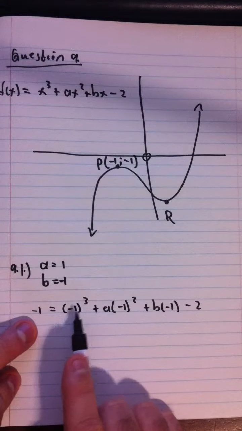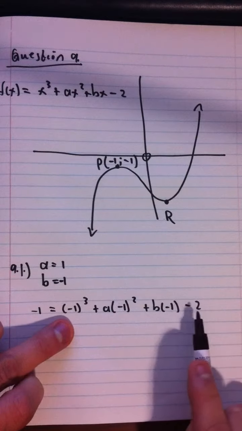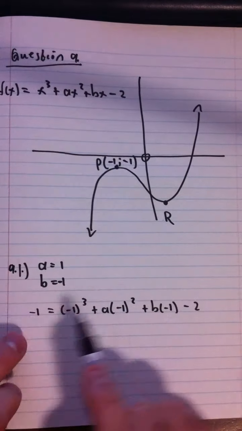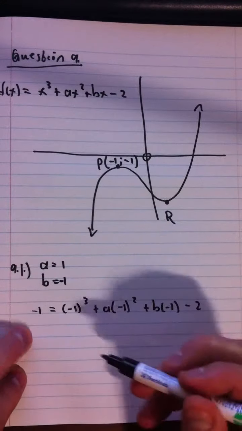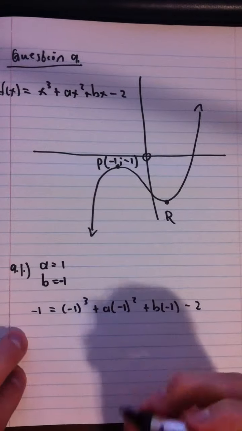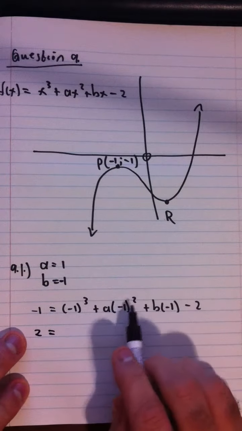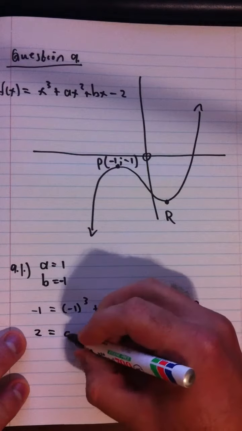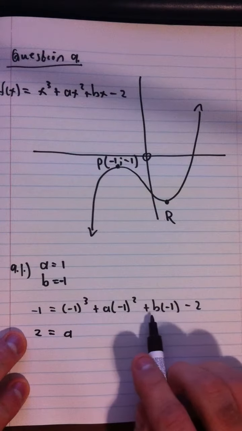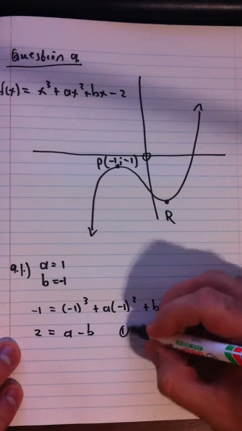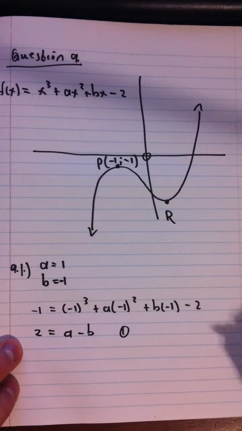So negative 1 cubed is negative 1, minus 2 is negative 3. That'll be our number. So there's negative 3, take it across to that side, and we'll get negative 1 minus negative 3 will give us 2. Equals negative 1 squared is 1a, and negative 1 times b is negative b. So that's our first equation. We'll call that number 1.